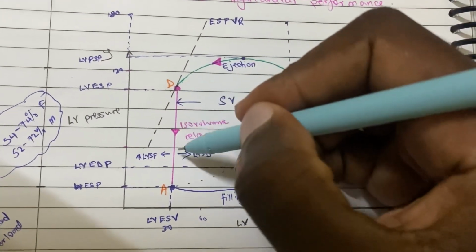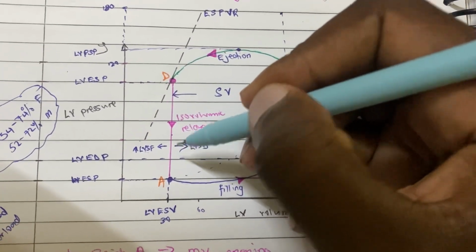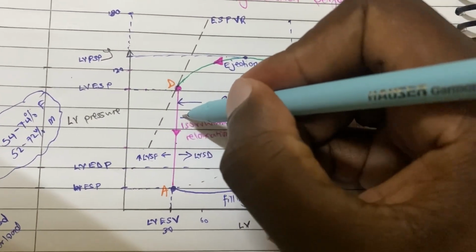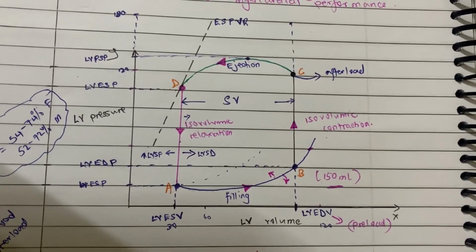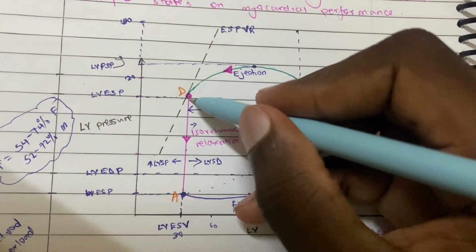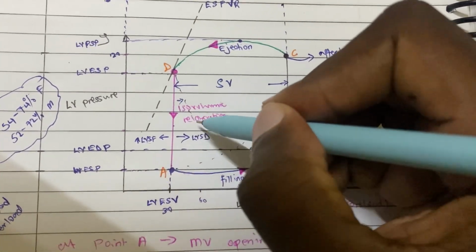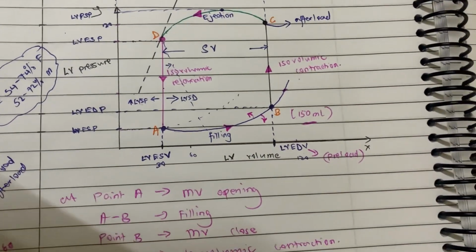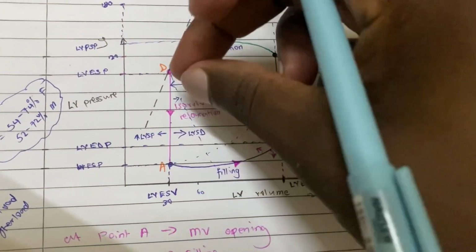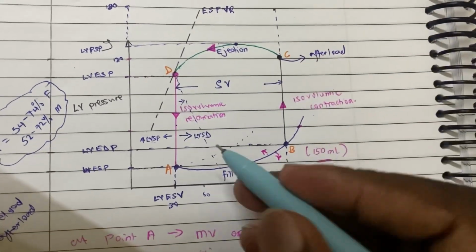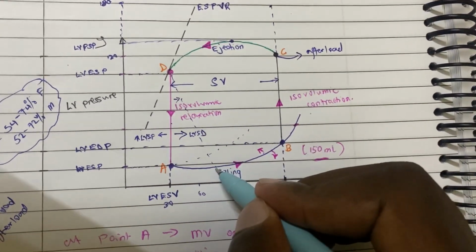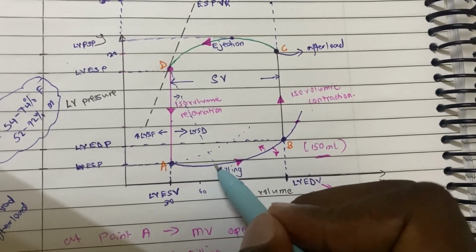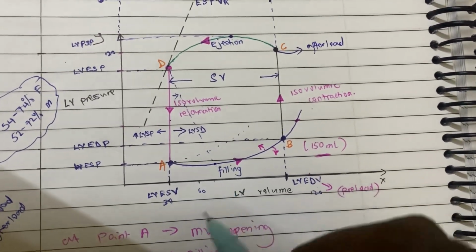So this line will not be truly isovolumic. It will shift also to the left. It will be slanting instead of being isovolumic. If it is here, this is not isovolumic. Point D is here, and point A is here, so this difference is there.